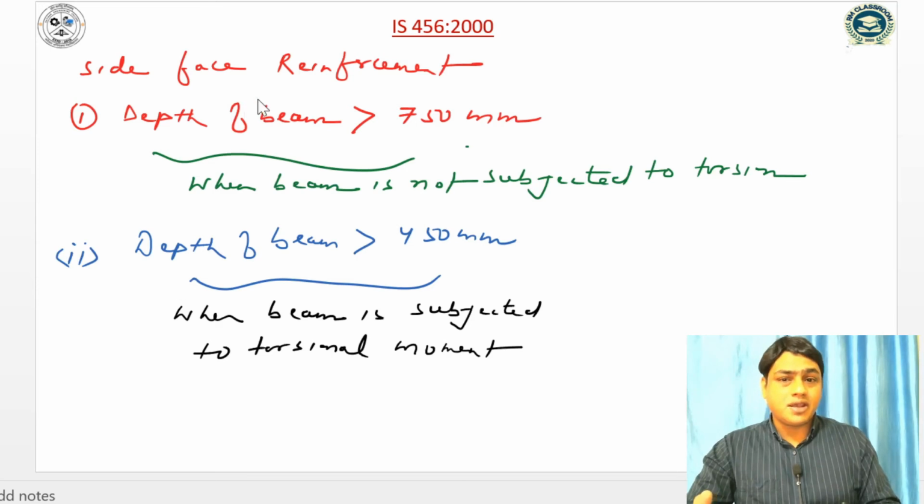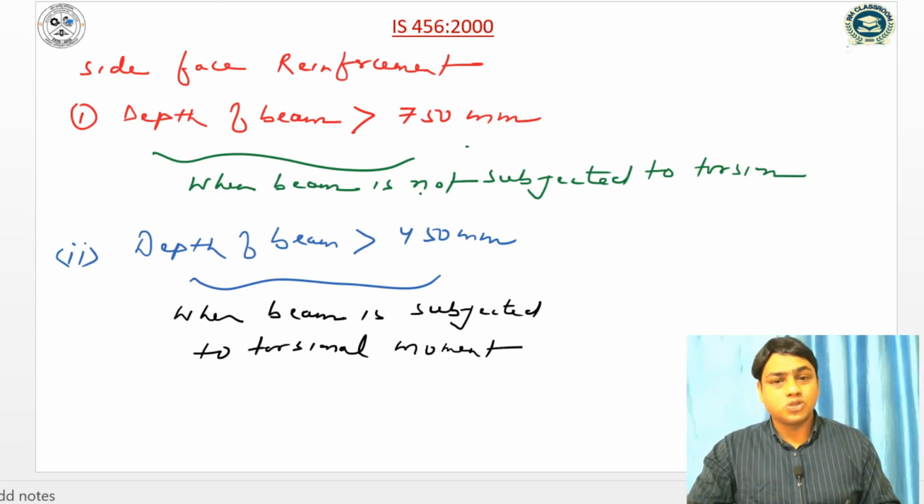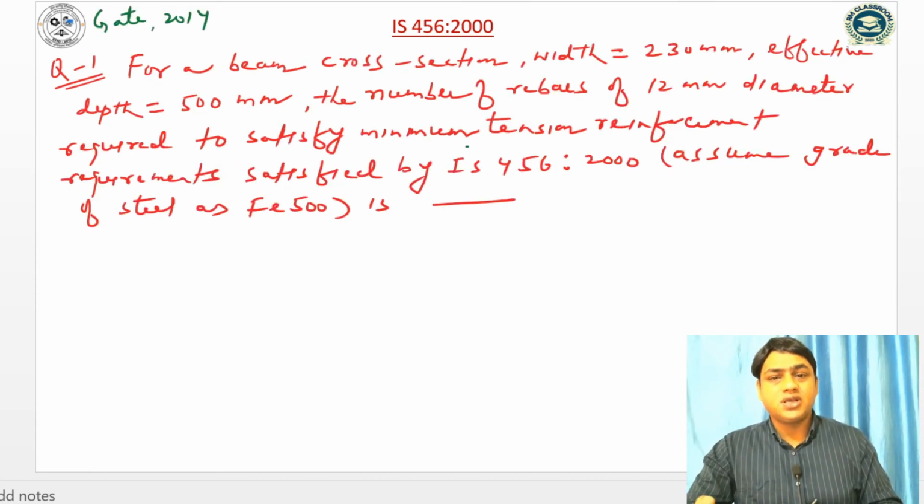So here I have written that when the depth of the beam is greater than 750 mm and the beam is not subjected to torsion, we have to provide the side face reinforcement on both sides, and the total reinforcement is 0.1% of the total area. Similarly, when the depth of the beam is greater than 450 mm and the beam is subjected to torsion, once again we have to provide the side face reinforcement.